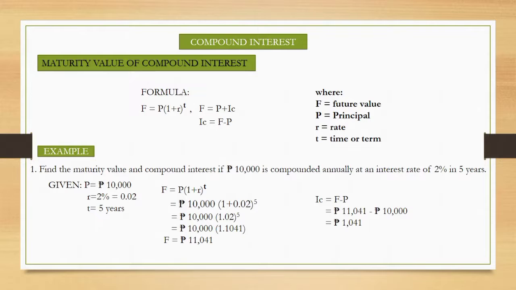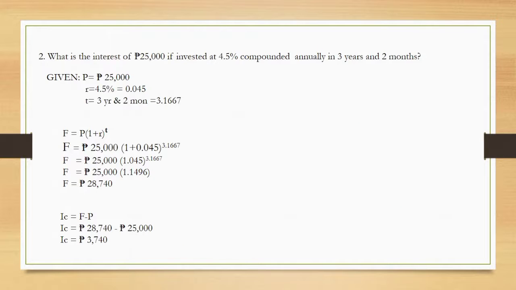To get the future value or the maturity value, 10,000 times 1.1041 is equal to 11,041 pesos. And to get the compound interest, IC is equal to F minus P, which is the future value minus principal. So 11,041 minus 10,000 is equal to 1,041, and this will be the compound interest. And let's proceed to example number 2.